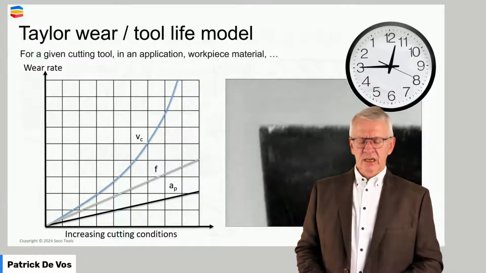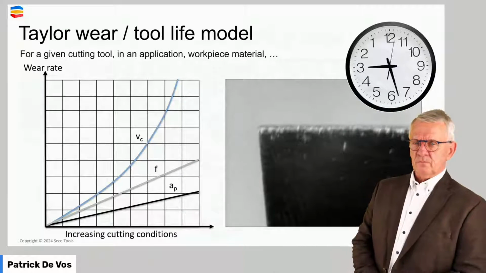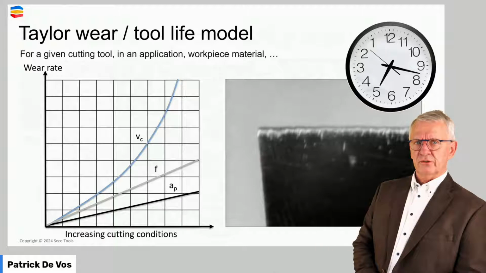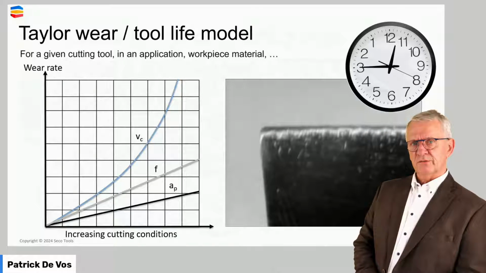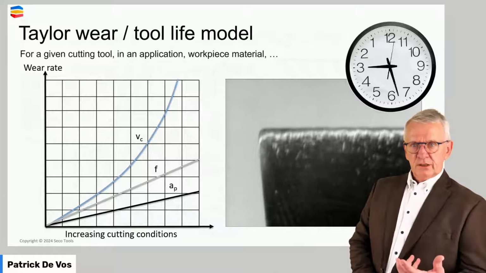And we have models for that. It's the good old famous traditional Taylor model. It's over 100 years old and it still serves its purpose very well from a practical perspective.